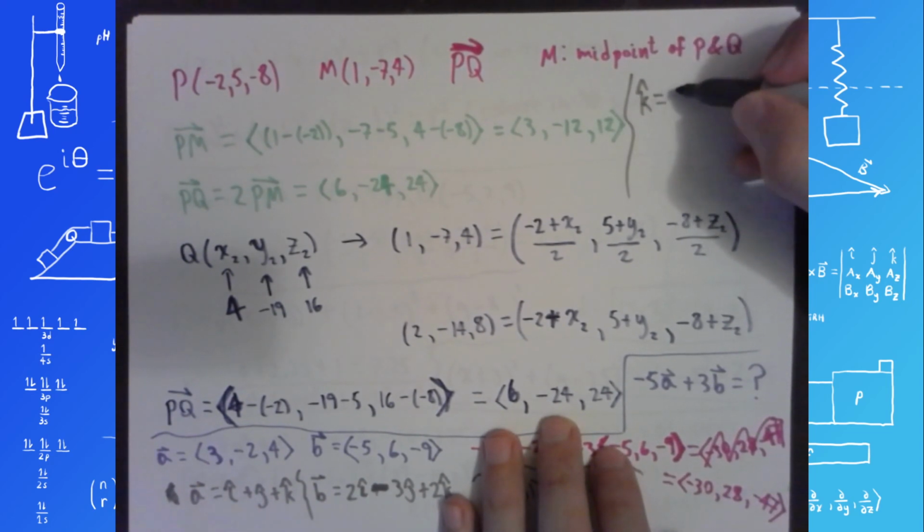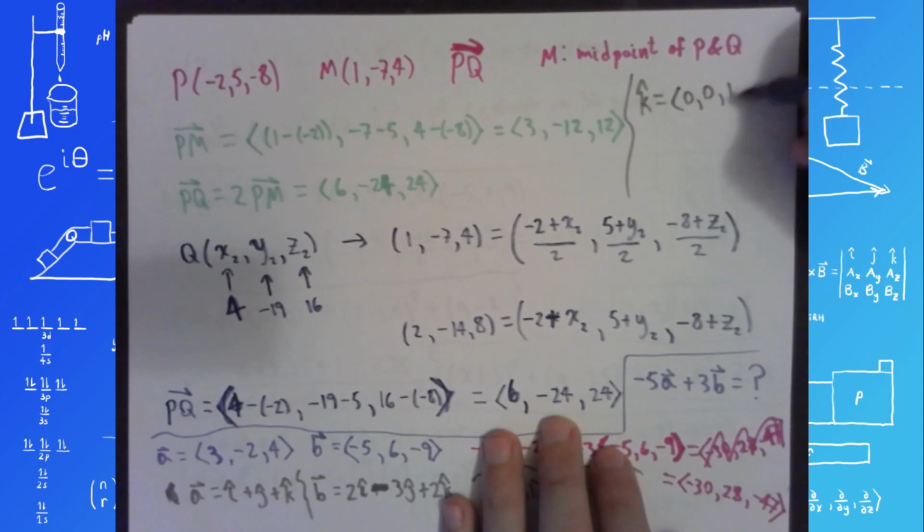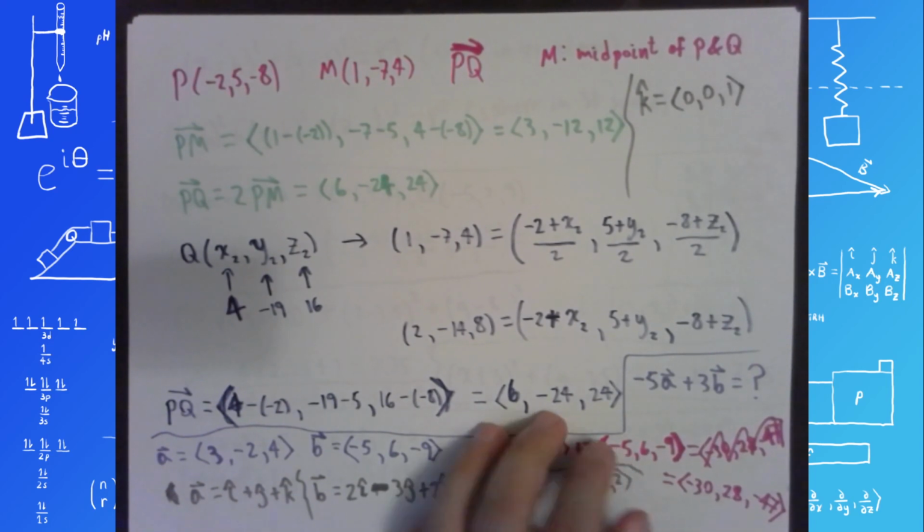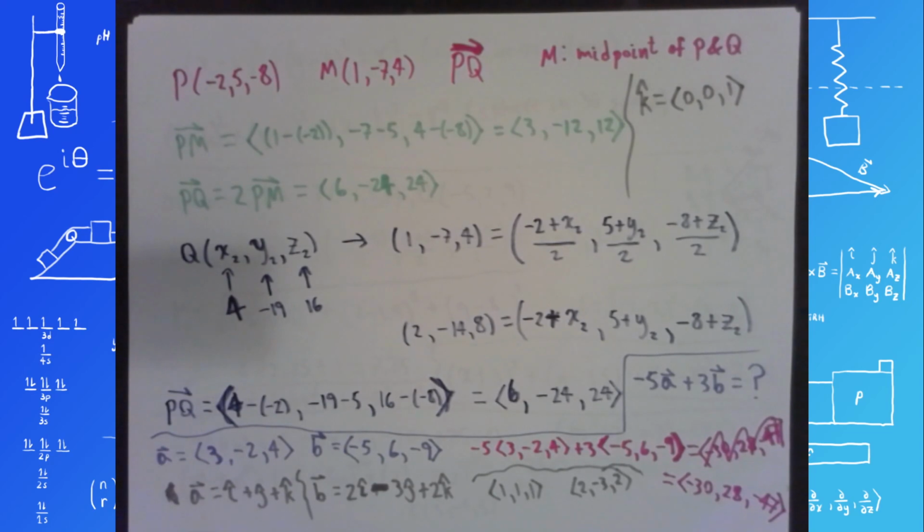So k hat is 0, 0, 1. It's a vector of magnitude 1 in the positive z direction. Multiply it by any number and you now have a new vector in the z direction whose magnitude is whatever you multiplied by.